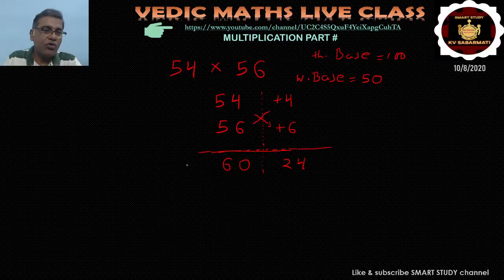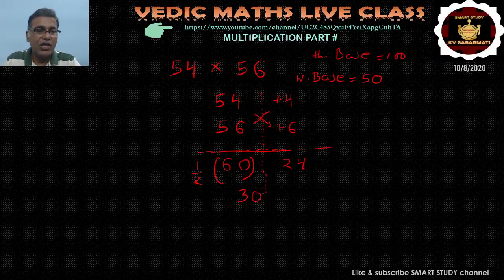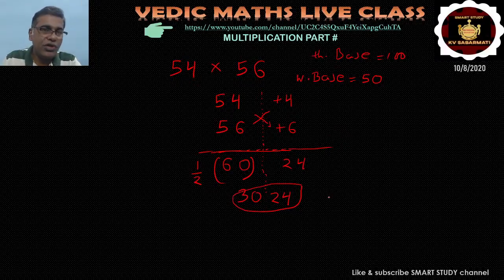So whatever number you are getting on the left hand side has to be multiplied with half. Half into 60 is how much? 30, and the other number is 24. So our answer is 3024. Is it clear?